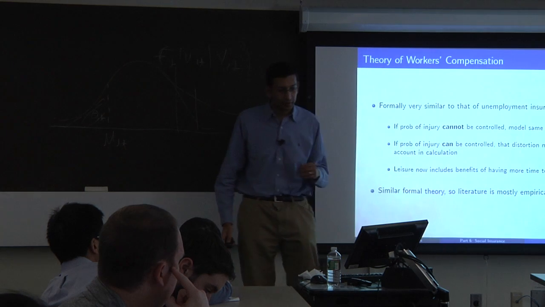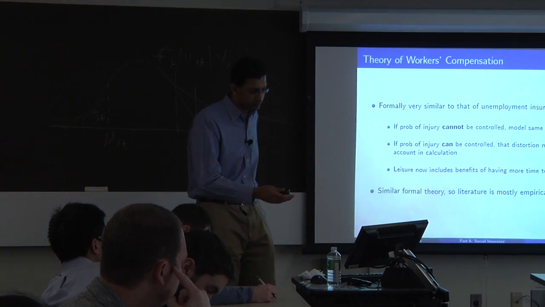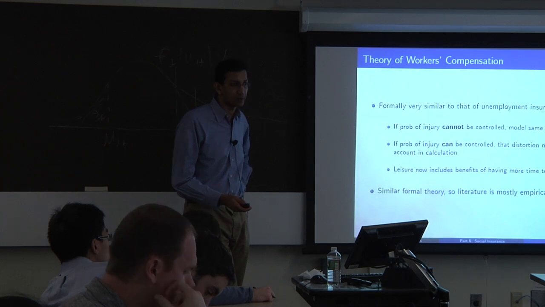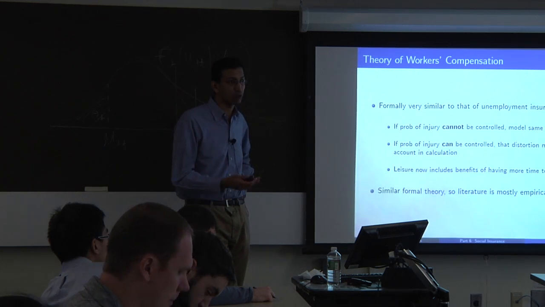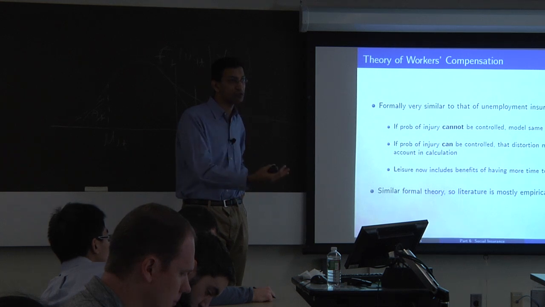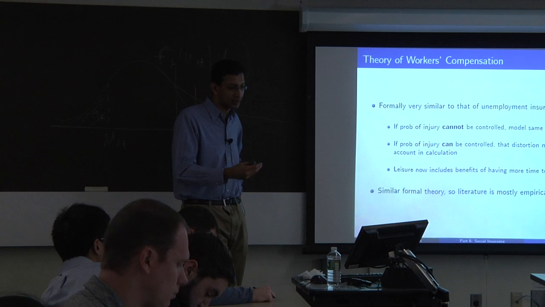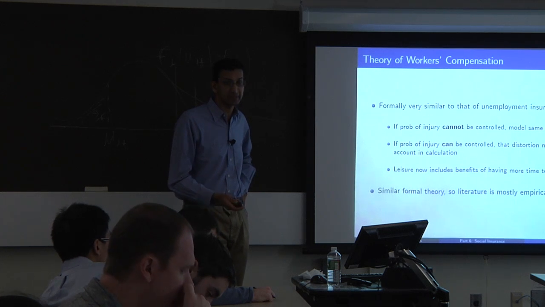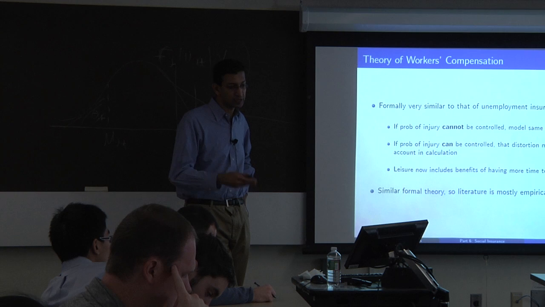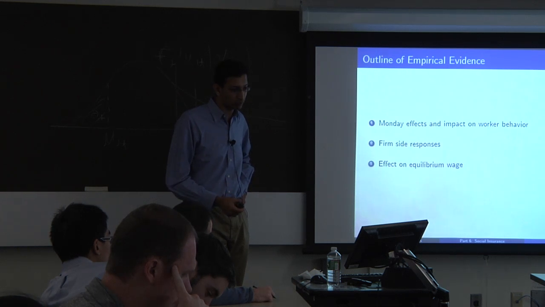You can work this out mathematically if you're interested. I'm not going to do that here, but you're basically going to get the same types of formulas. What matters are things like consumption smoothing benefits, the curvature of utility, the elasticities of time out of work with respect to benefits and so forth.